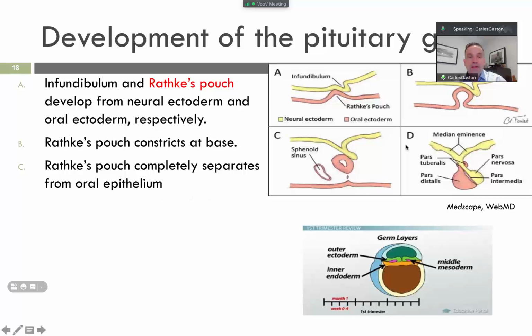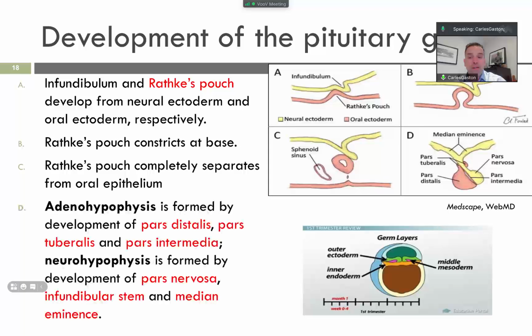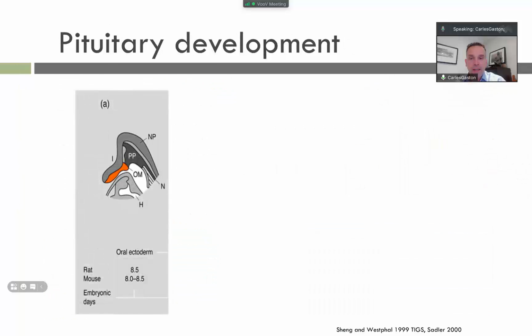Again, the Rathke pouch constricts at the base and completely separates from the oral epithelium. The final pituitary gland is formed of the pars distalis, pars tuberalis, and pars intermedia in humans, not in other species. The neurohypophysis is formed by the development of the pars nervosa, infundibulum, stem, and median eminence. We will cover this a little bit more in detail in the next slides.